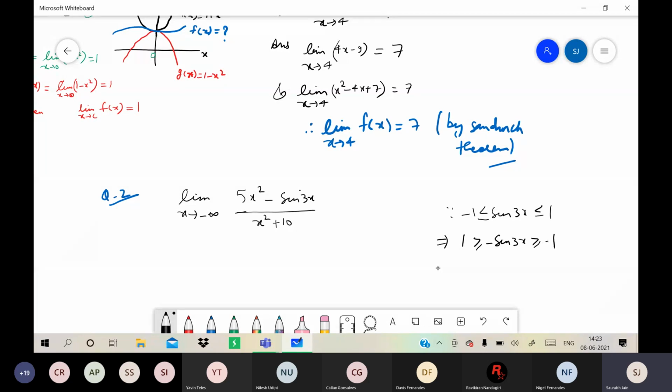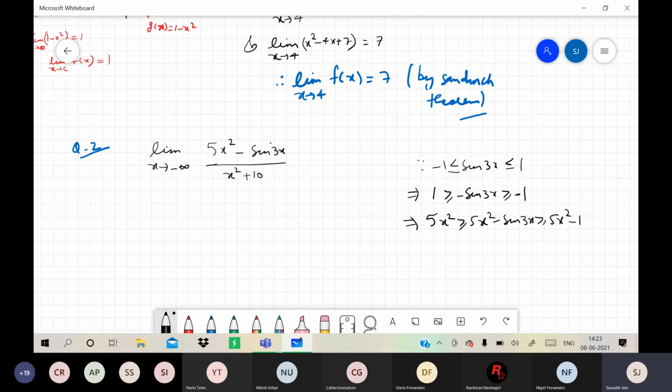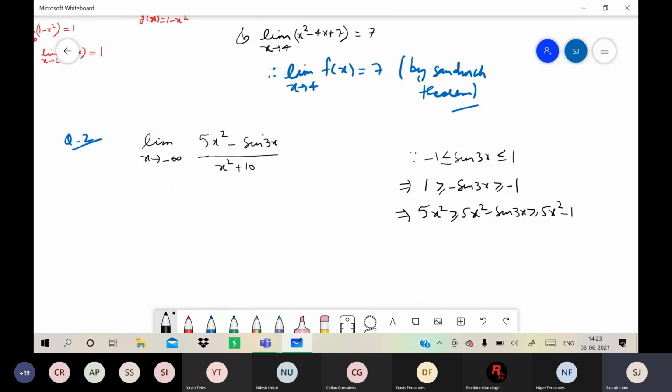Then we add 5x square to all the terms. Sorry, the left hand side will be 5x square plus 1. What I am trying to do is create this function f(x).